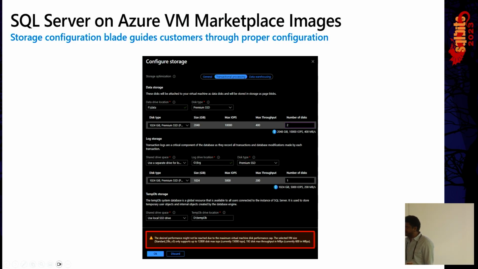If you go to Marketplace, all the striping and things that you need to do manually will be done directly by Azure. We make sure that you get the proper advice, you get the proper IO sizes and everything when you create a SQL Server via Marketplace image.